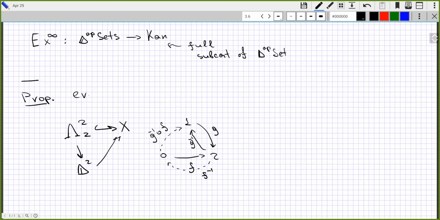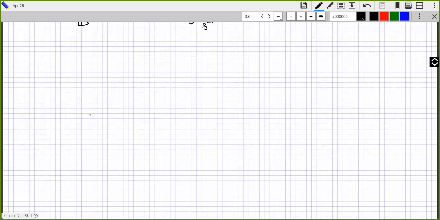That every Kan complex is in fact an infinity groupoid. Okay, so that is what I wanted to correct.